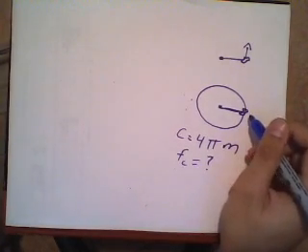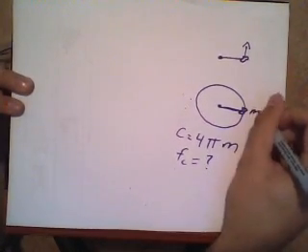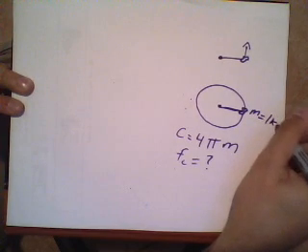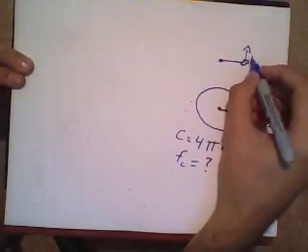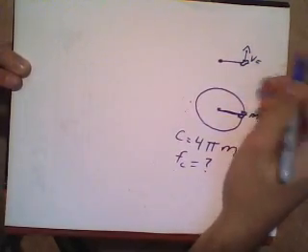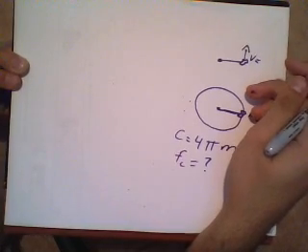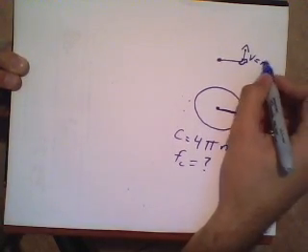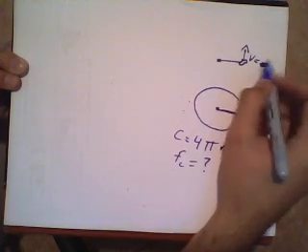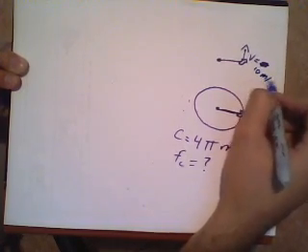The mass of this rock is going to be 1 kilogram. Okay? And the speed at which the rock travels, or the velocity, well, speed more accurately, is 10 meters per second.